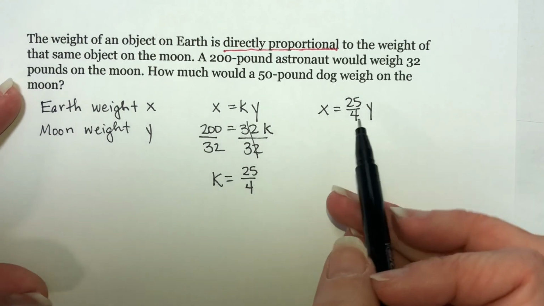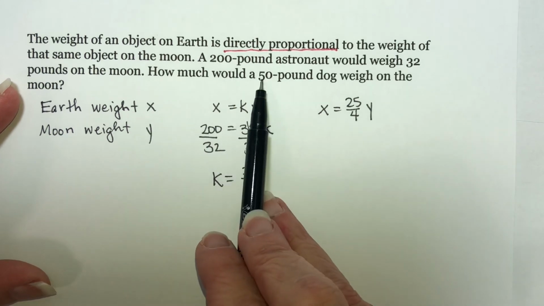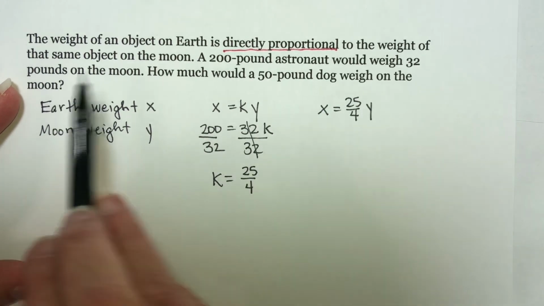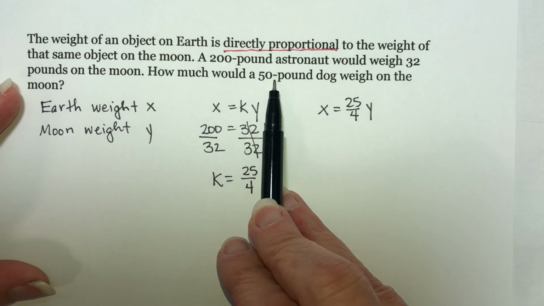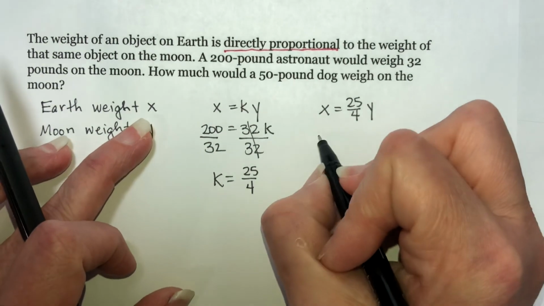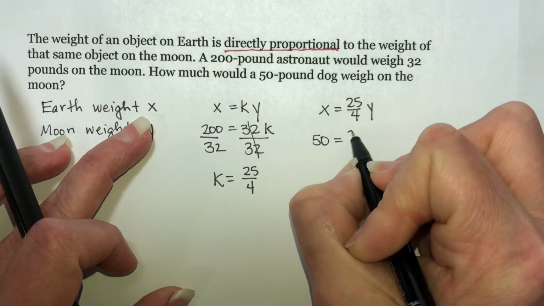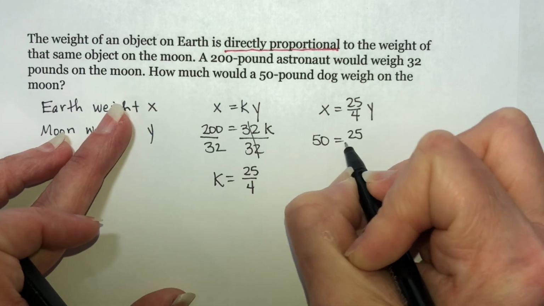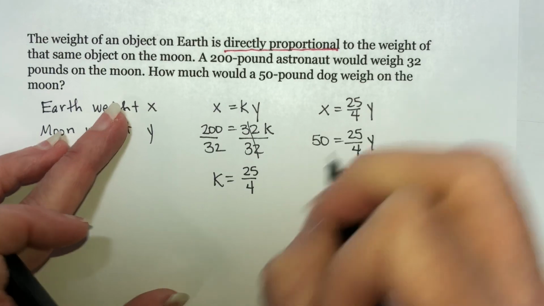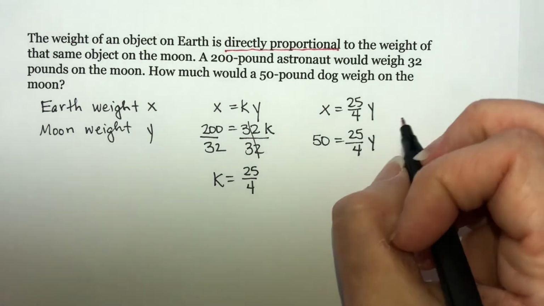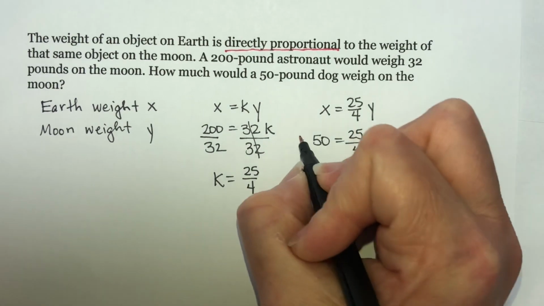Now we get to use this. How much would a 50-pound dog weigh on the moon? So 50-pound dog, this is Earth weight, and Earth weight is x, so I'm going to put a 50 right here. And I need to solve for the moon weight, which is y. Okay. To kill the fraction, I'm going to multiply both sides by a 4.